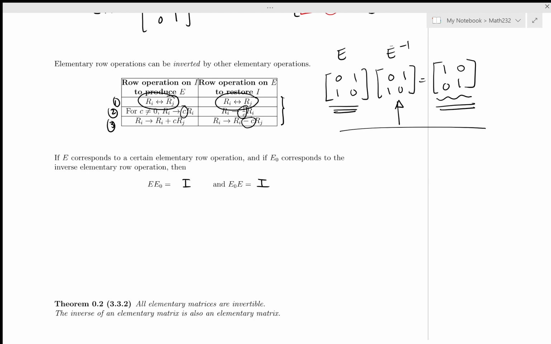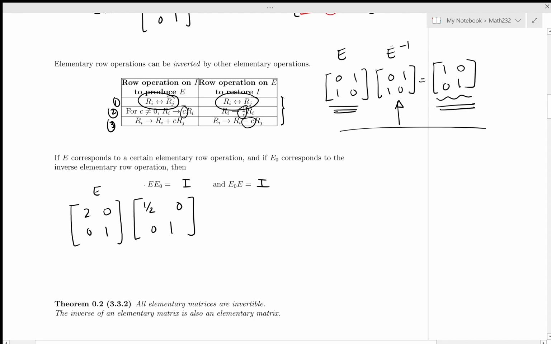Okay, let's just take a look. We'll take two matrices here. 2, 0, 0, 1. Okay, that's my E. Now, if I was to apply that to a matrix A, I would expect that it would multiply the first row by 2. So how would I undo that? I would simply multiply the first row by a half.